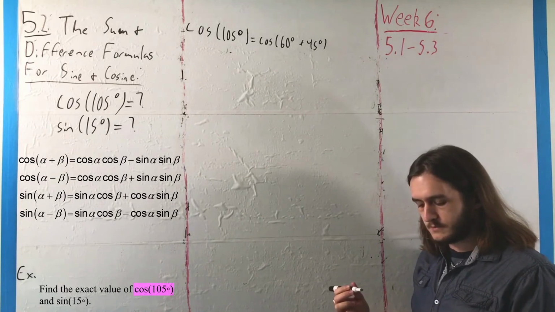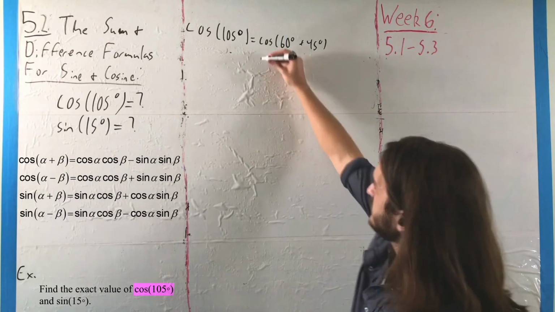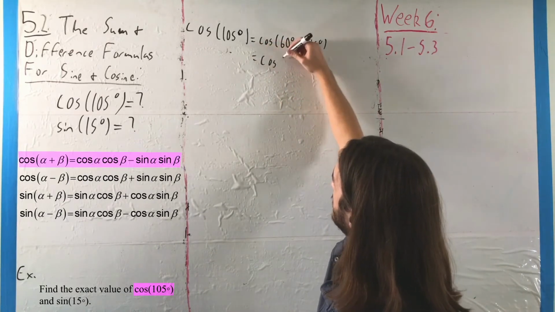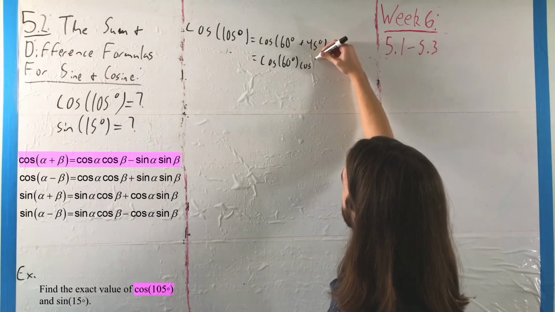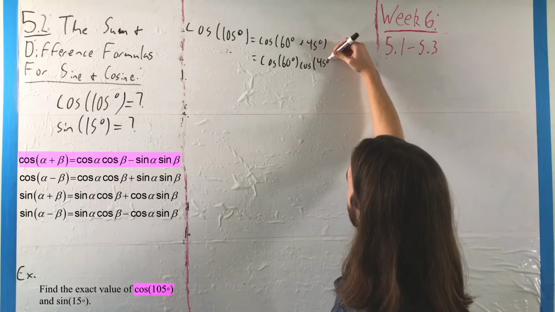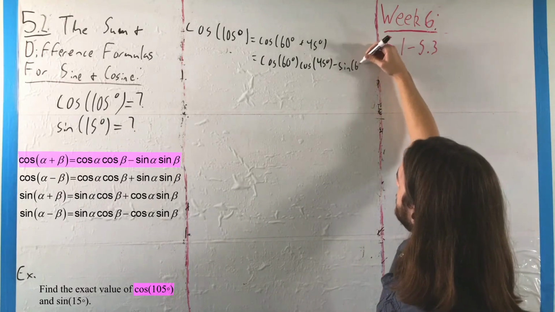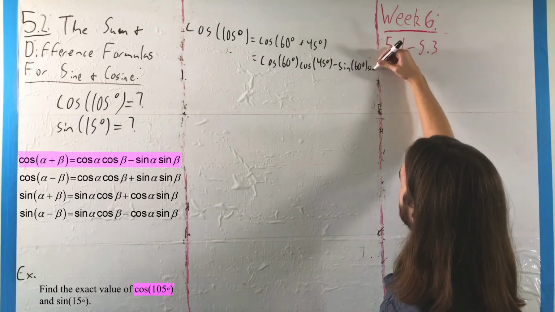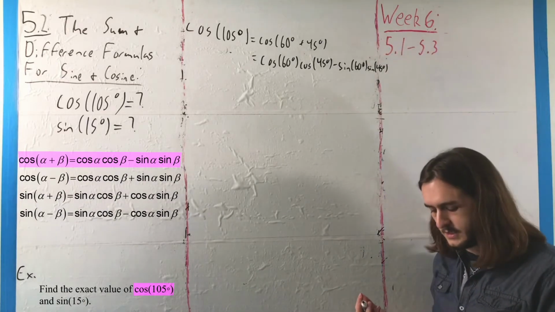In terms of that first formula, alpha plus beta form, we can split this up as cosine of 60 times cosine of 45 minus sine of 60 times sine of 45. I ran out of space, but you get the idea.